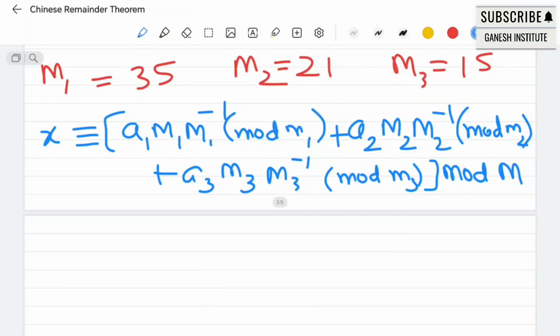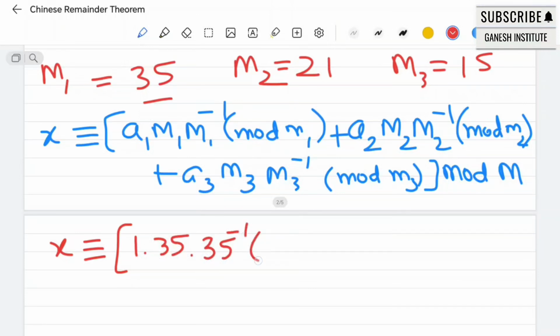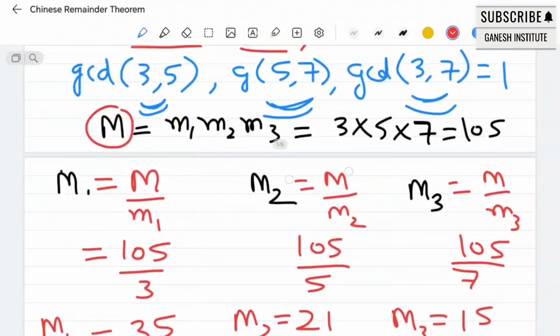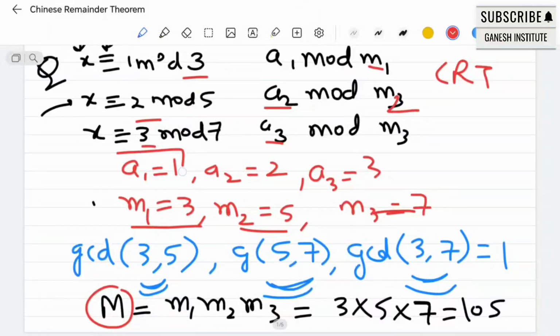Okay, so let's put down all these values. You need to find out a1. Your a1 is 1, M1 is 35, M1 inverse is 35 inverse modulo small m1, that is 3, right? You can see your a1 is 1 and m1 is 3. Similarly, we need to take 2, 5 and 3, 7.